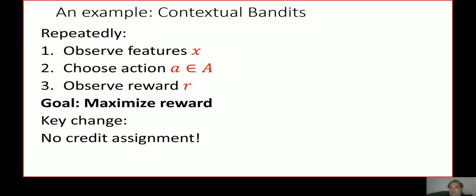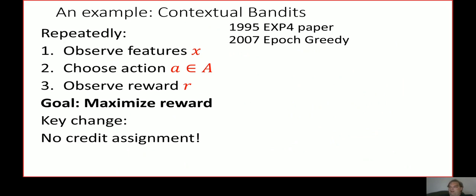The history of this is actually pretty recent. This is something where the world has changed a great deal over the last decade. So in 2007, there was the first contextual bandit algorithm called epoch-greedy, which is essentially a version of epsilon-greedy that varies the epsilon depending on how much you know. We rapidly discovered there's an even earlier paper on the EXP4 algorithm, which in some sense is even more efficient statistically, but it's horrifically bad computationally.